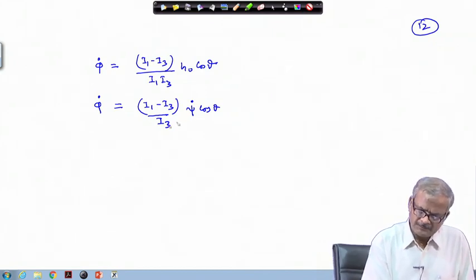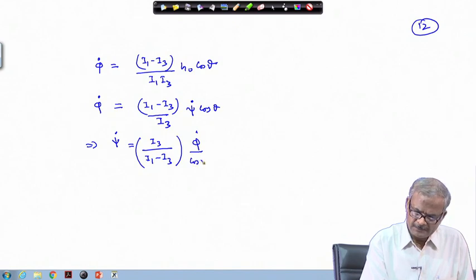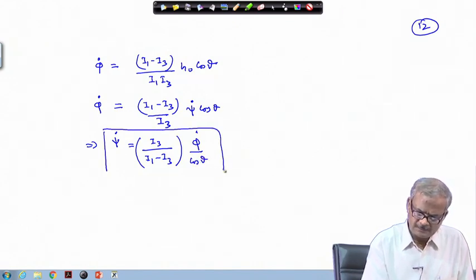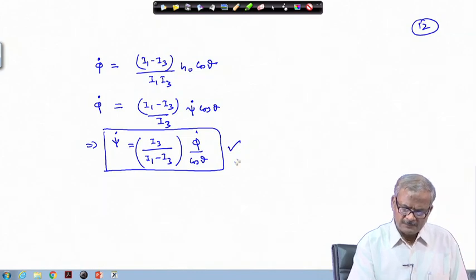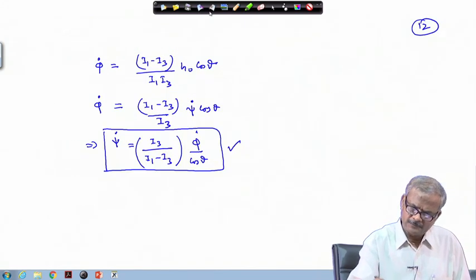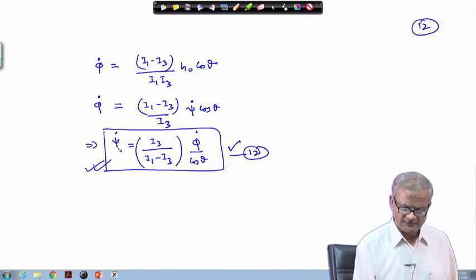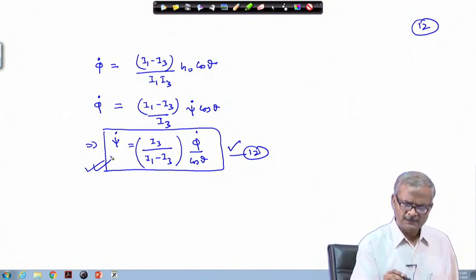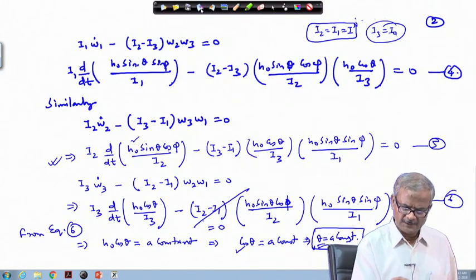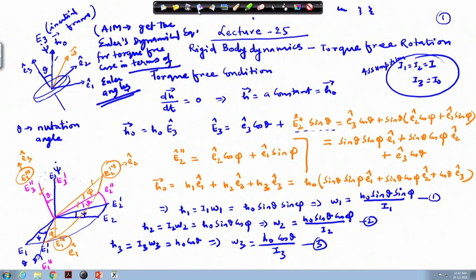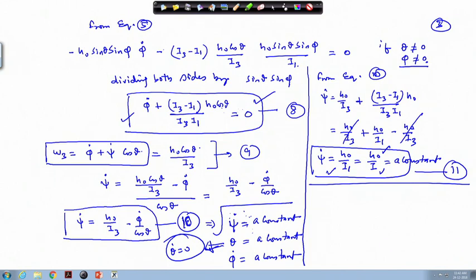and then psi dot can be expressed in terms of all these quantities. So, from here this implies psi dot equals I3 by (I1 minus I3) times phi dot by cos theta. See that this equation we derived in some other way also, but using this formulation, how smoothly we have been able to work out the whole thing.